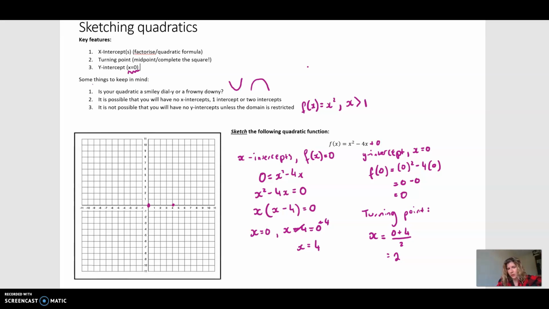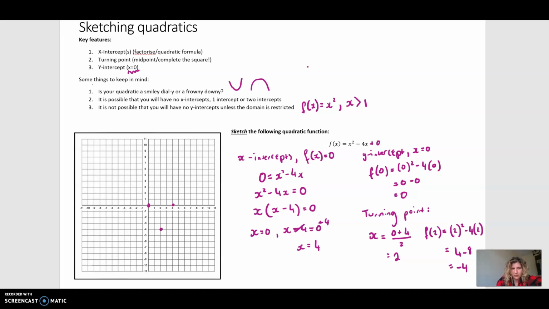Now to find the y coordinate, we're going to sub in 2 into the equation. So we're going to use f of 2. So that's 2 squared minus 4 times 2, which is 4 minus 8, which is negative 4. So our turning point is at 2, negative 4.